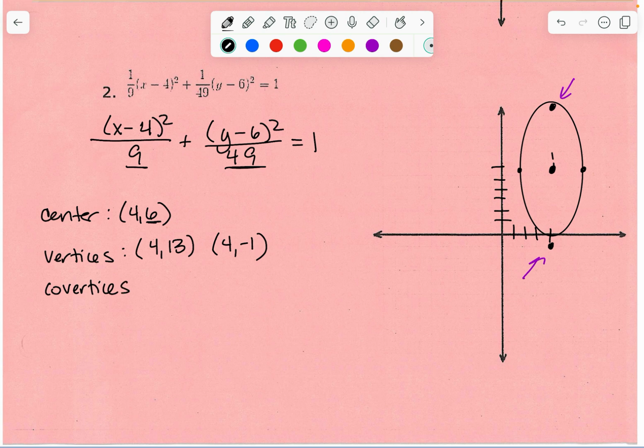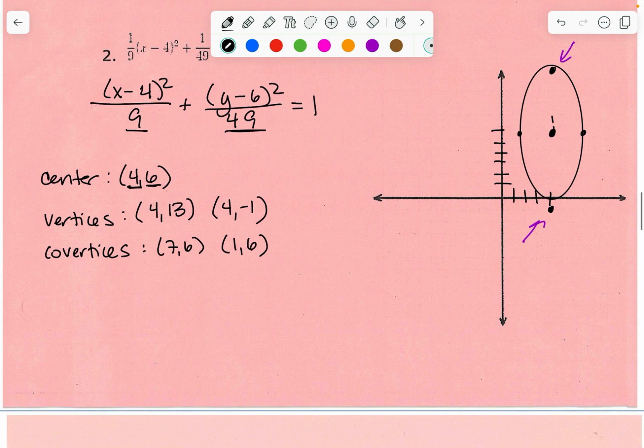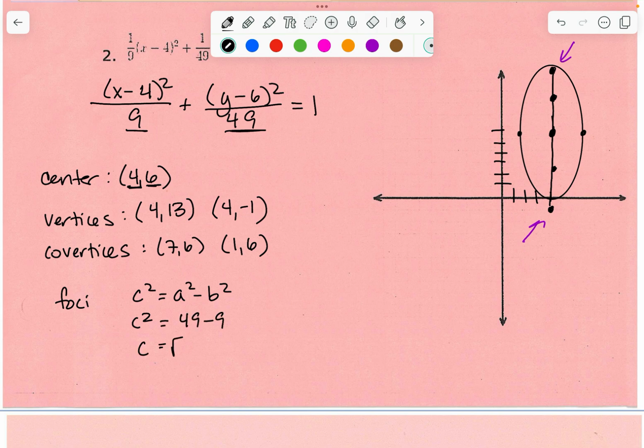Co-vertices are forward 3 and backwards 3, adding and subtracting 3 from that 4. And then your foci are going to be up and down. They're going to be somewhere here and here because of the major axis. c squared equals a squared minus b squared. c squared is 49 minus 9. c is the square root of 40.